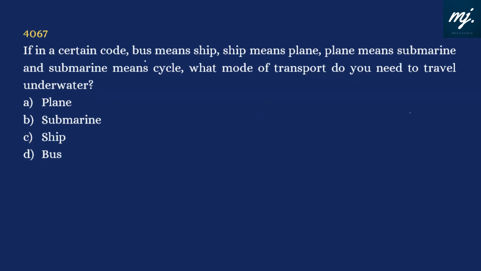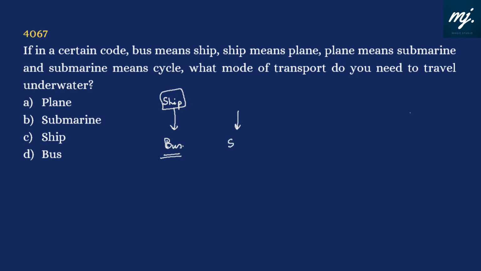So in a certain code, bus means ship. So if you are calling bus, they will actually give you a ship. That means it's a ship, but coded as bus. Ship means plane.